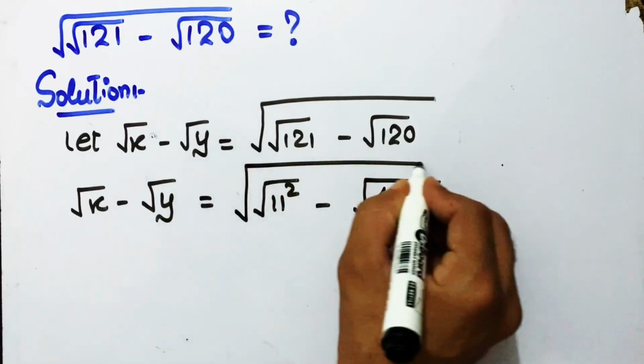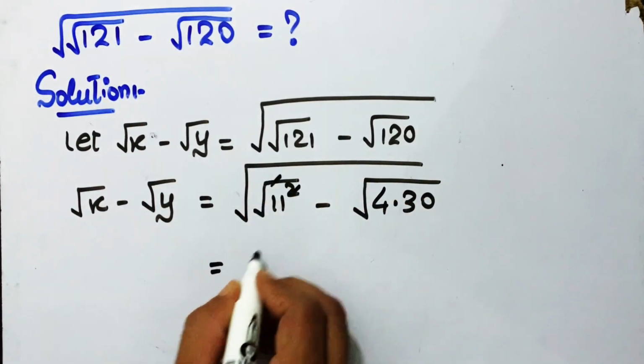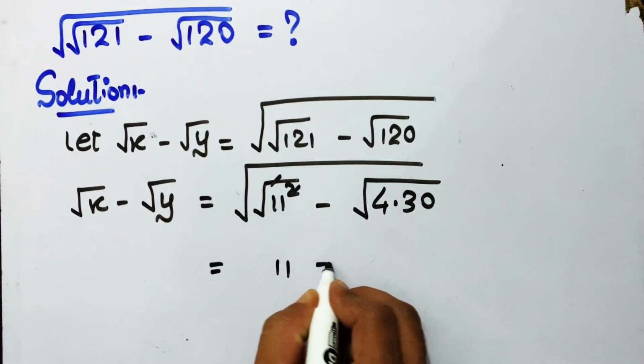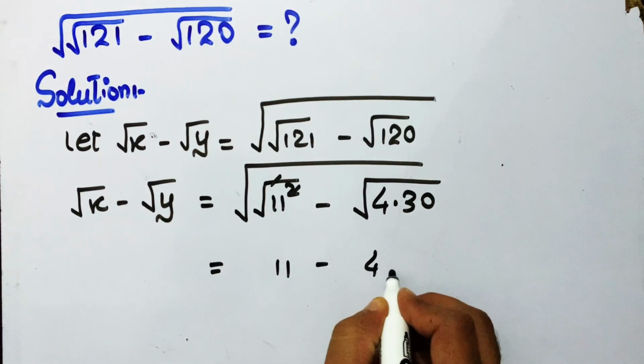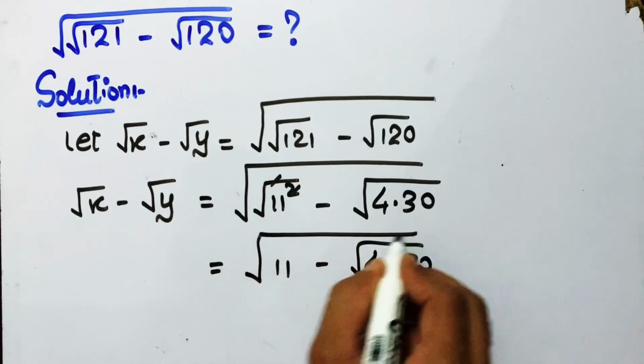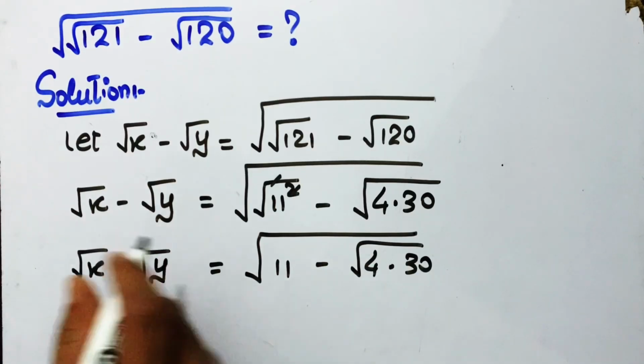Square and square root cancel out. Our remainder term is 11 minus the square root of 4 into 30, whole squared.